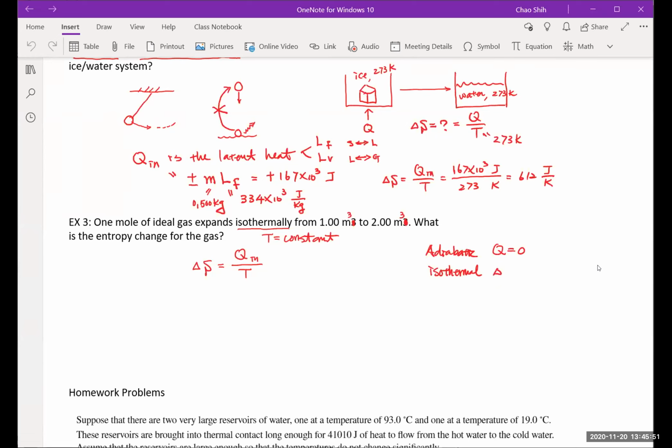meaning the change of internal energy is equal to 0, and that is equal to your Q minus W. And for the isothermal process, the Q is going to be equal to the work.